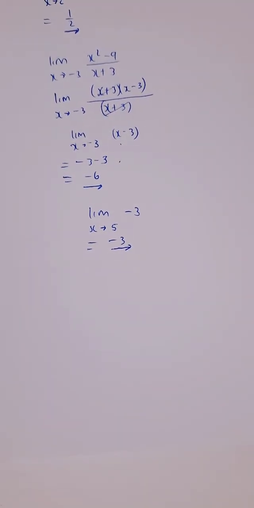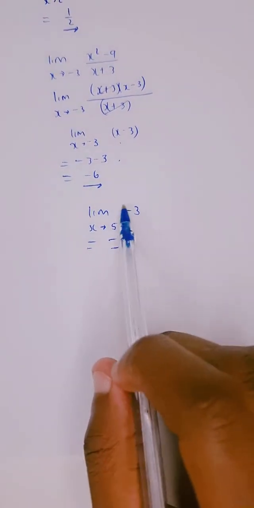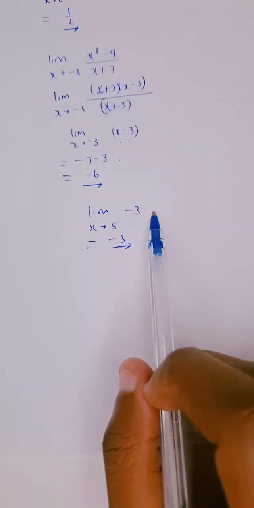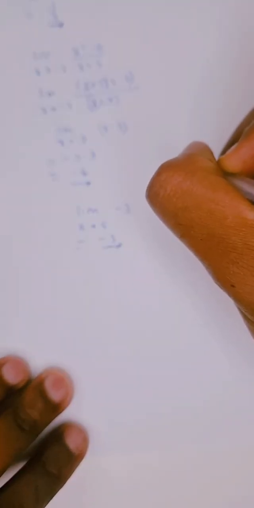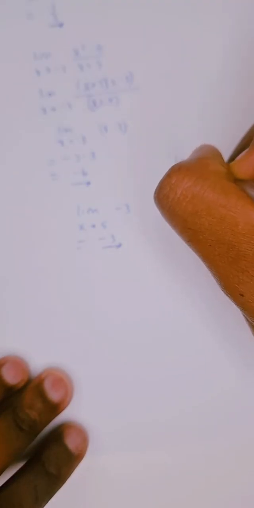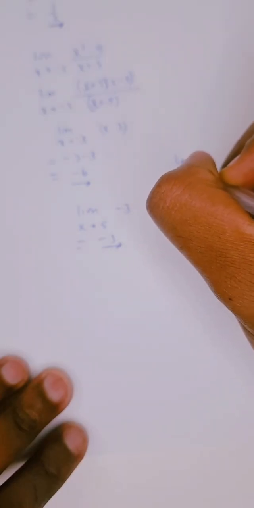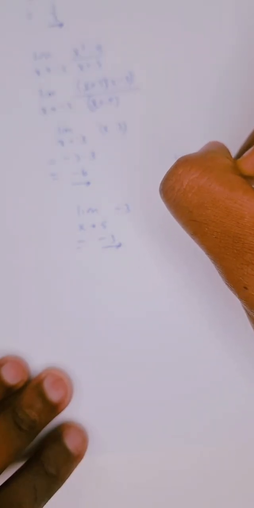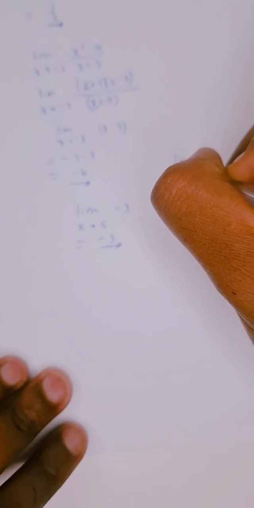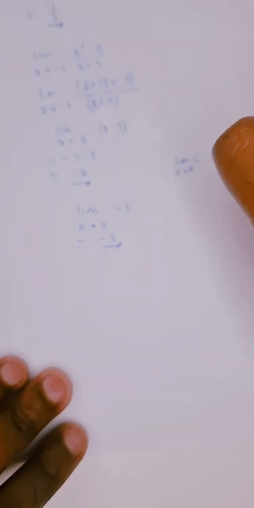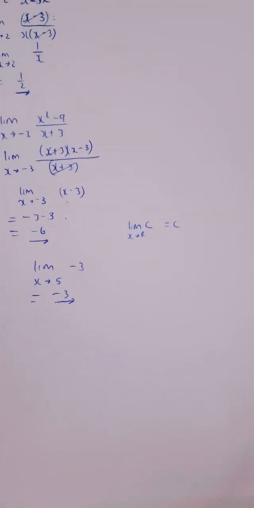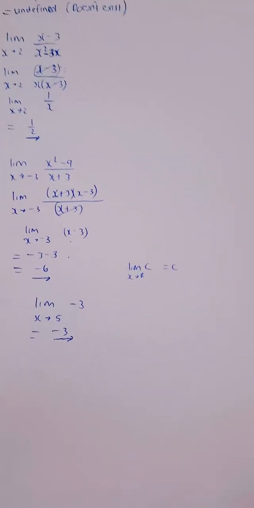Remember, this is a constant, so the limit of a constant is equal to the constant. There's actually a rule that says so: the limit of a constant as x tends towards any real number is equal to that constant. May you never forget it. Very crucial.